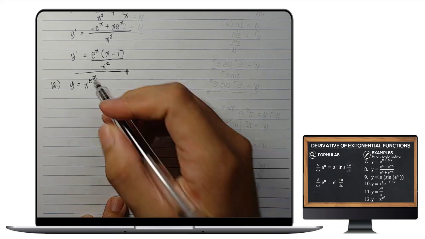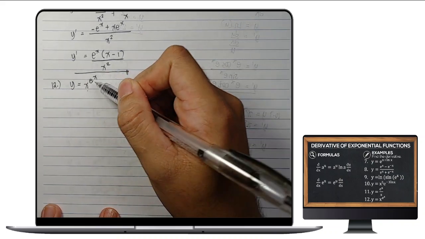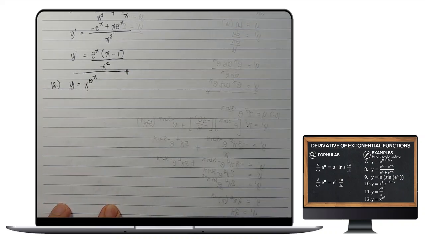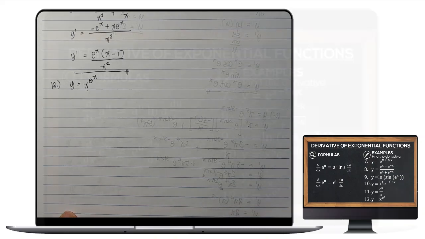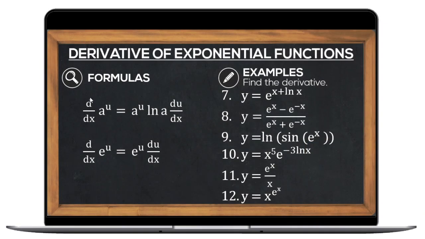So in this case, we have x raised to a function of x, and we do not have a formula for that. What we have is a constant base raised to a function of x, and that is our formula for the derivative of an exponential function.